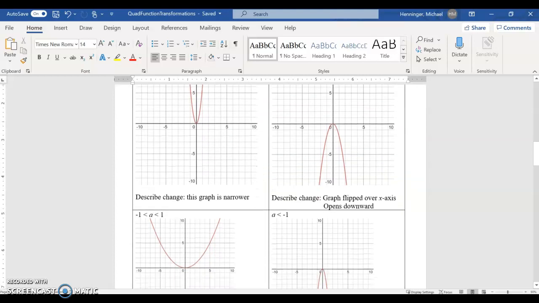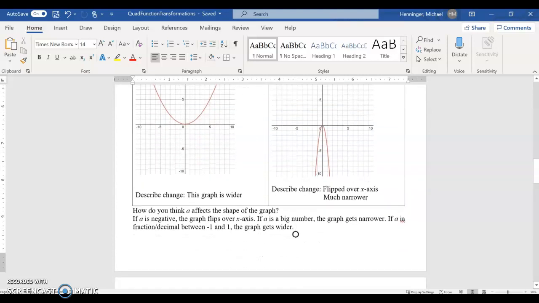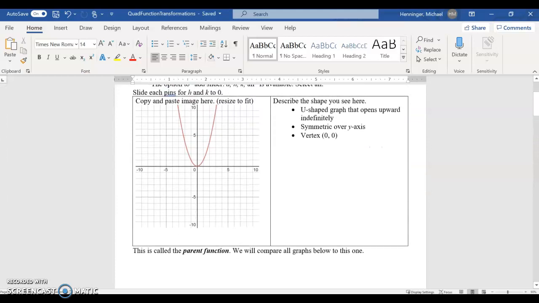Make sure that we're including an image of each graph and explain that change. Just a sentence or two, a little bit of explanation of how that's different from the original. Now remember, we're always comparing to the very original. This is always the one that we want to compare each of these graphs to.